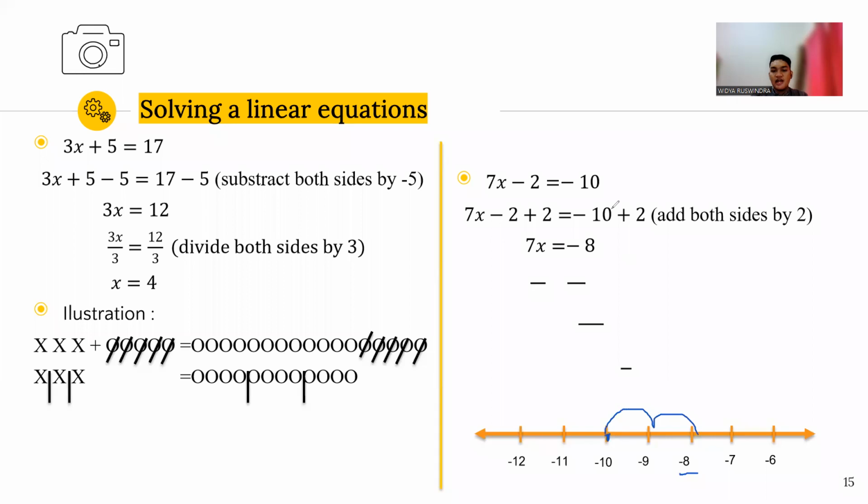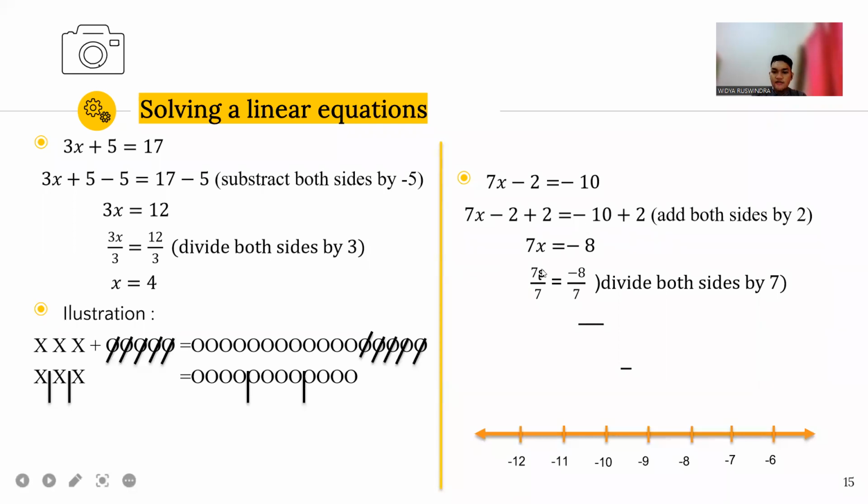So we get 7x equals minus 8. And we divide both sides by 7.